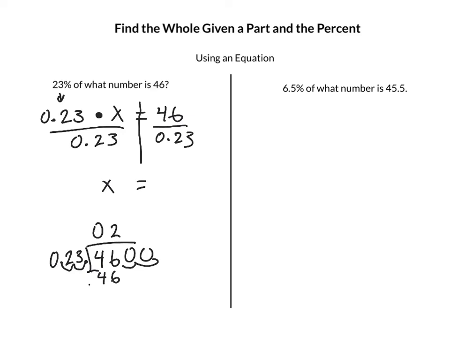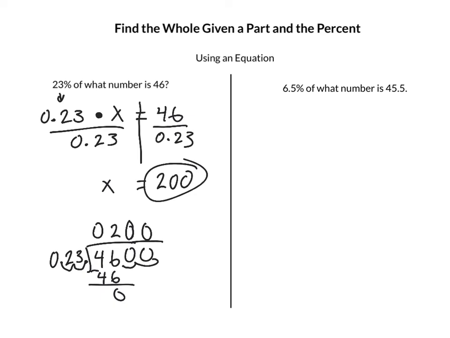That is exact, so I subtract and get 0. Can't forget about these zeros though, so 23 goes into 0 0 times, 23 goes into 0 0 times. My answer is 200. That is my whole. 23% of 200 is 46.